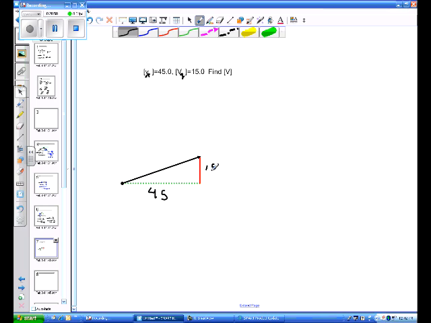So what we want to find is the magnitude of v, so we simply use the Pythagorean theorem. So 15 squared plus 45 squared would equal v squared, so the square root of this would be the magnitude of v.